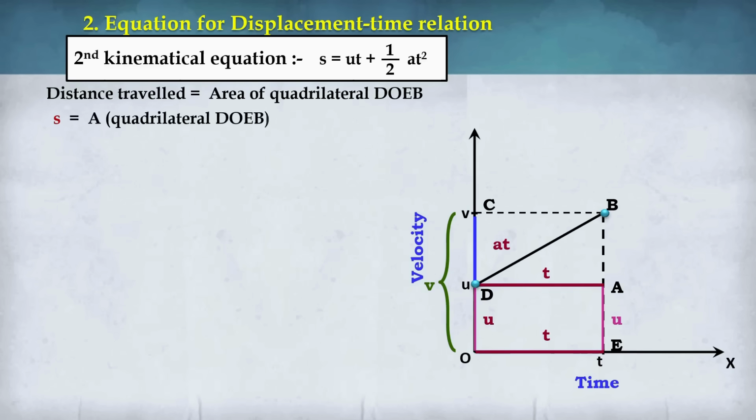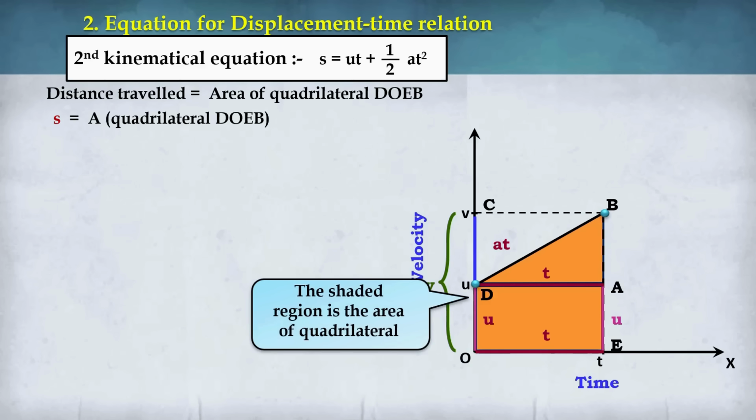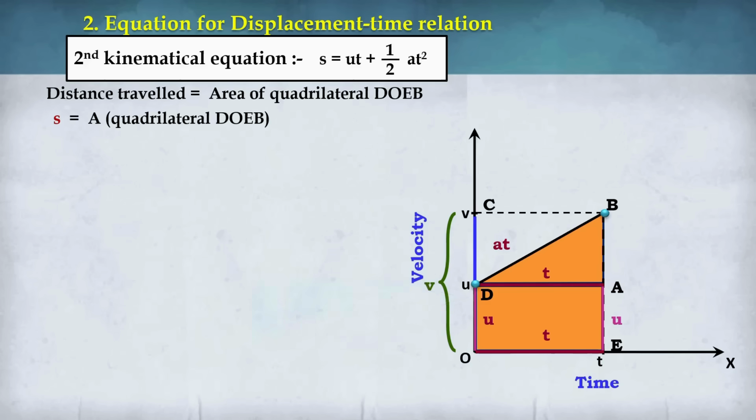In a velocity-time graph, the distance traveled by an object is equal to the area under the graph. From the graph, the shaded region represents a quadrilateral, which is formed by the points D, O, E, and B. Therefore, the displacement of the object is equal to the area of this quadrilateral.